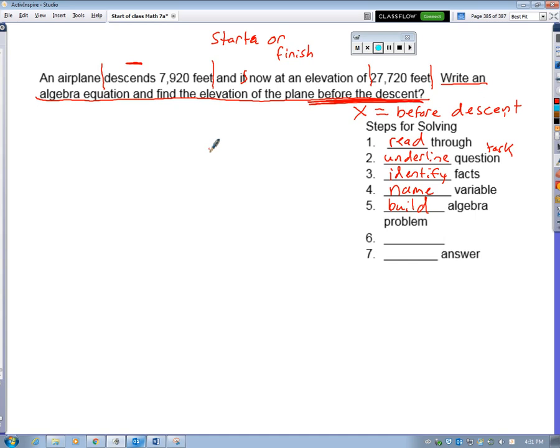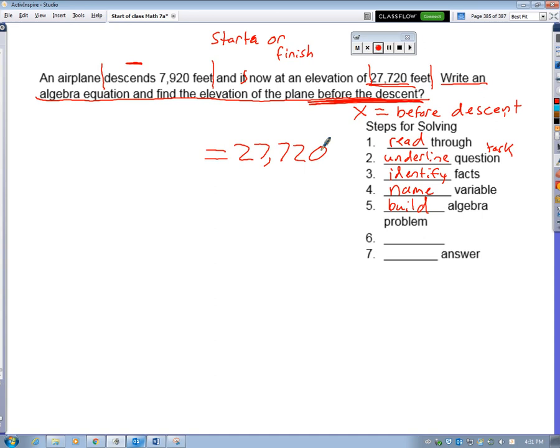Here's our equal sign, and we want the start or the finish over here. In this case, we don't have a start, but they do give us the finish. It says the plane is now at this elevation. That is our number. That's going to be over here all by itself. It is our finish number, where we ended up.